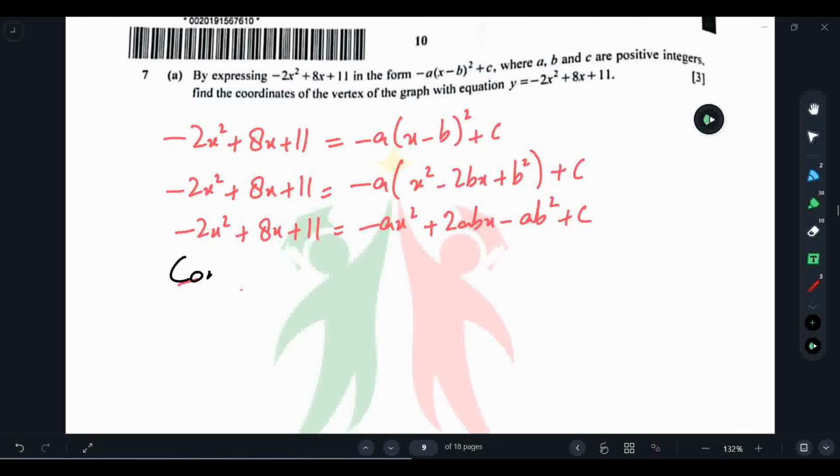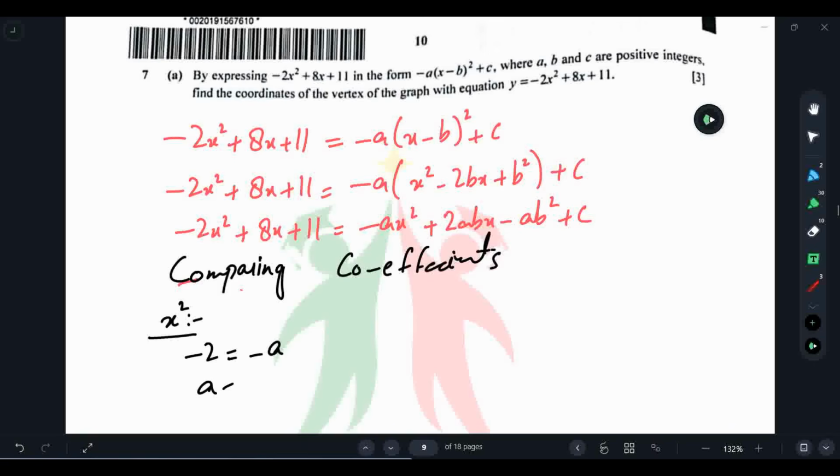Now from here we can compare the coefficients. If we compare the coefficients of x², minus 2 will be equal to minus a, which means that a will be equal to 2. Now if we compare the coefficient of x, 2ab will be equal to 8, and 2 into 2b is equal to 8.